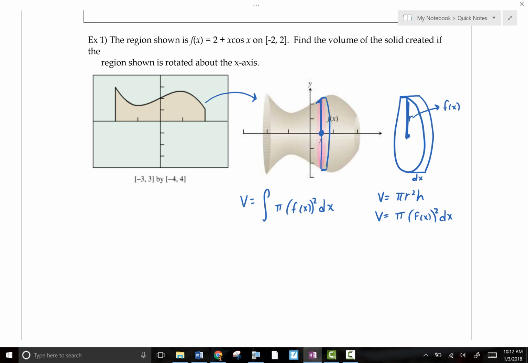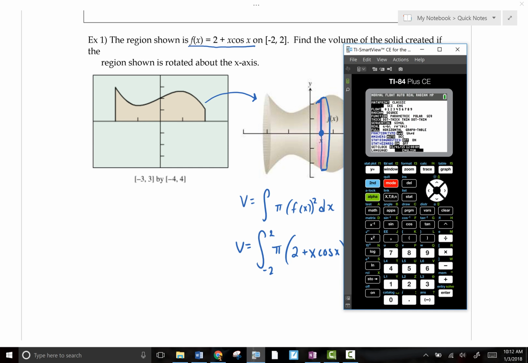So like on this question, it says the region shown is f of x equals 2 plus x cosine x on the interval from -2 to 2. And then I just have to evaluate that.